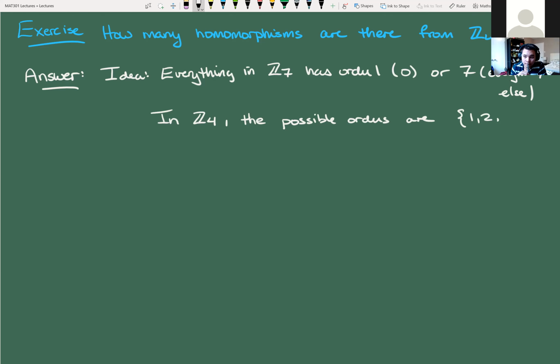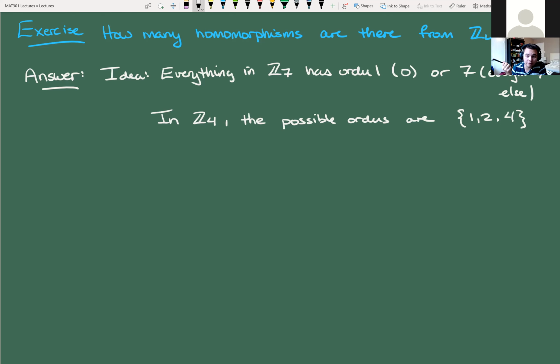What's the other order? Yes, exactly, it's 4. Remember when we were talking previously about cyclic groups, we learned that the order of the elements of a cyclic group must divide the order of the group, right? So the only possible orders of elements of Z4 are the divisors of 4. That gives us 1, 2, and 4.